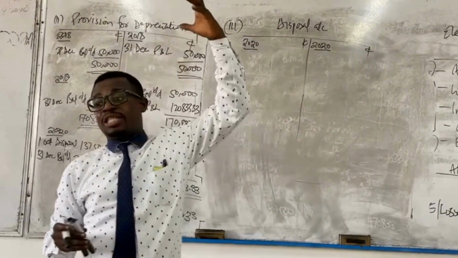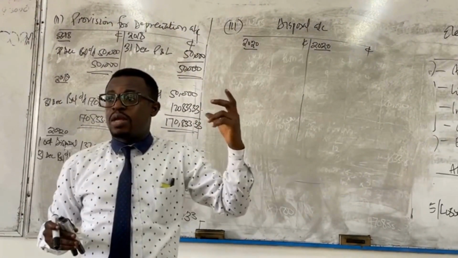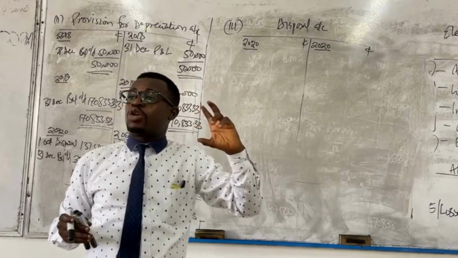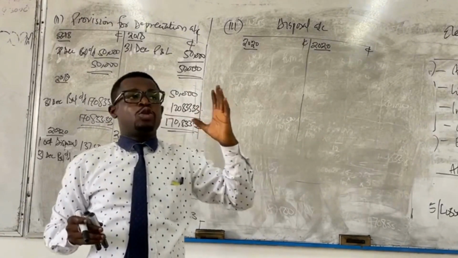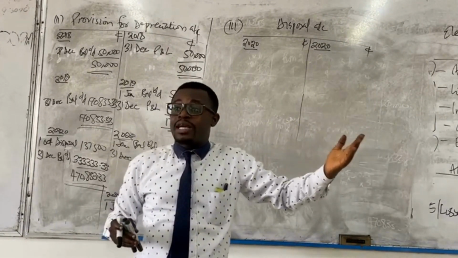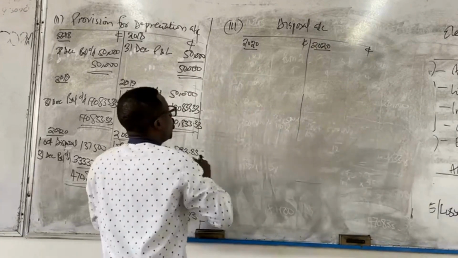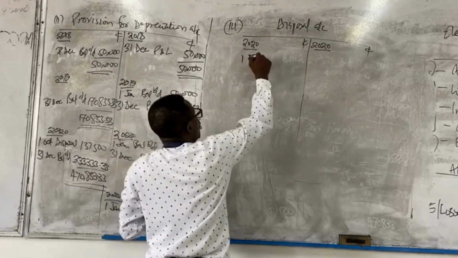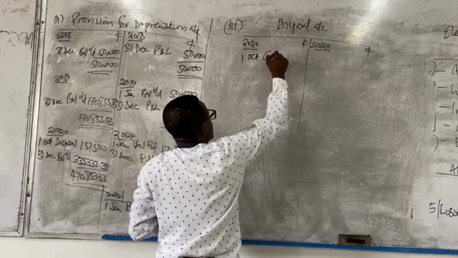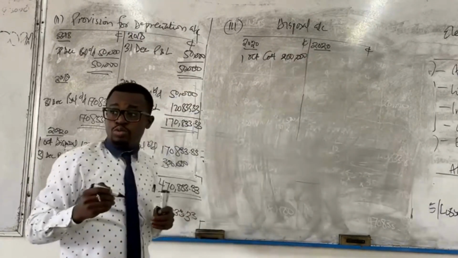So if on the plant and machinery account we recorded the credit on the credit side, how much was it? 200,000. And 200,000 was the cost of the assets, right? So when we come to the disposal account, on which side are we going to record it? Debit. So which date was it? 1st October. You will say the cost. How much? 200,000.